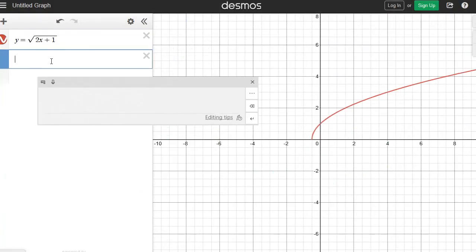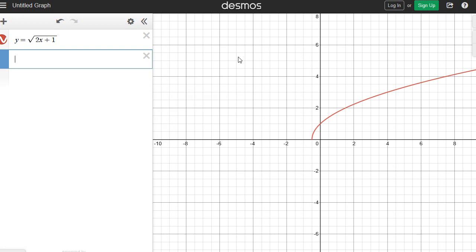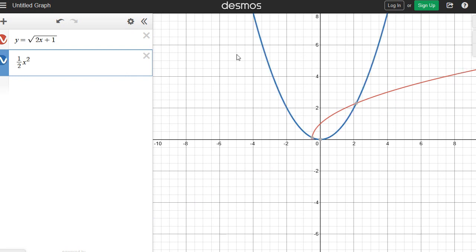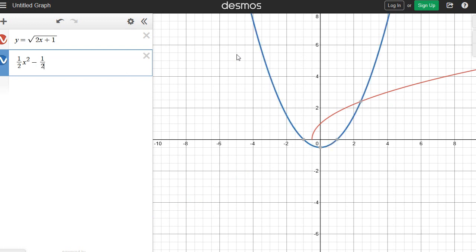For a second one, let's do y equals 1/2 x squared minus 1/2. There we go.